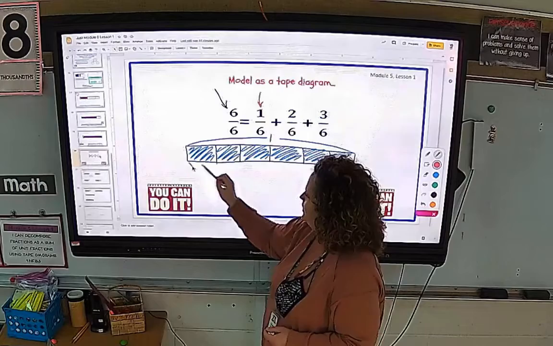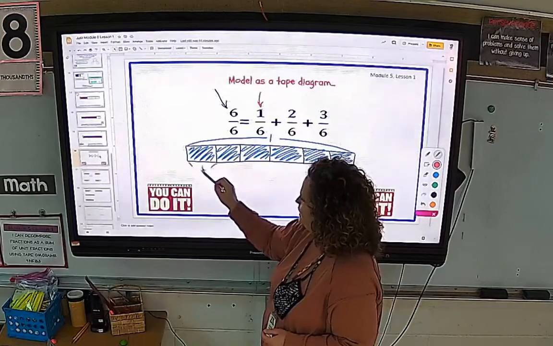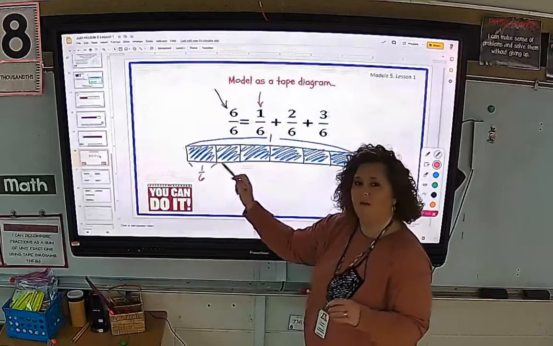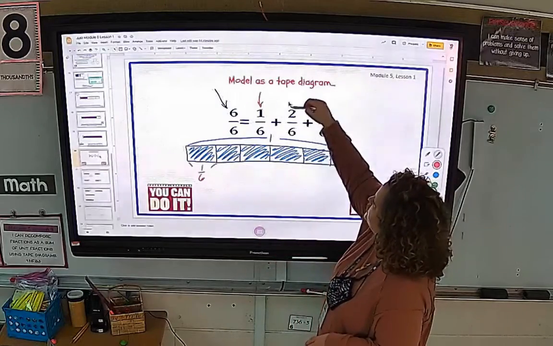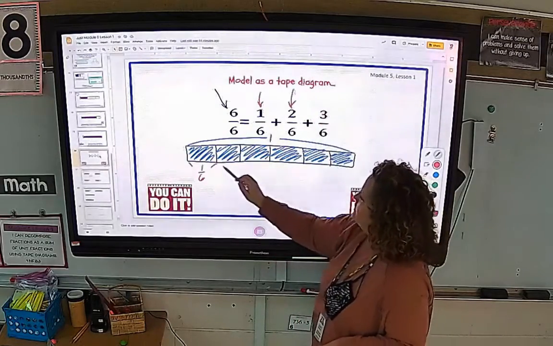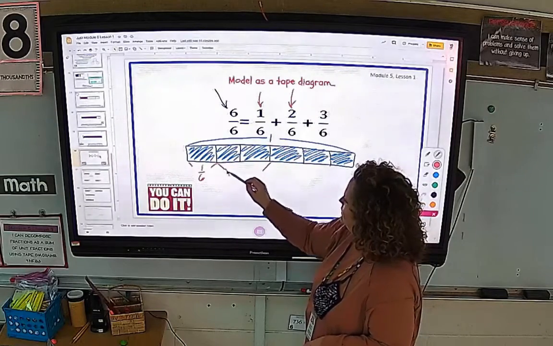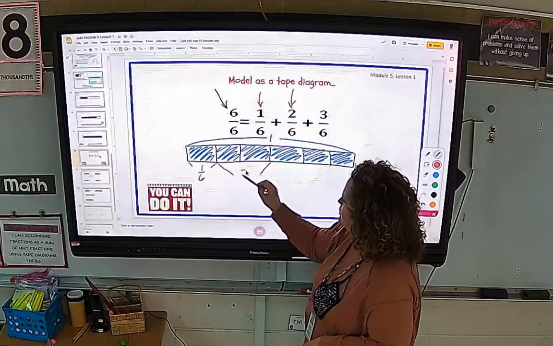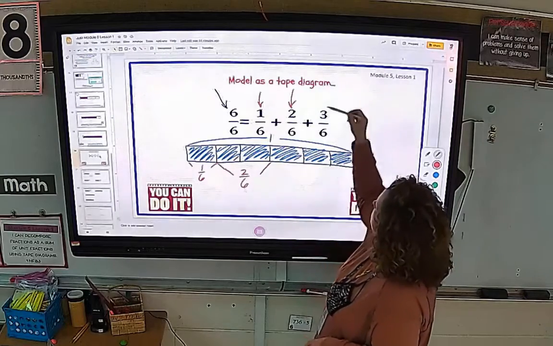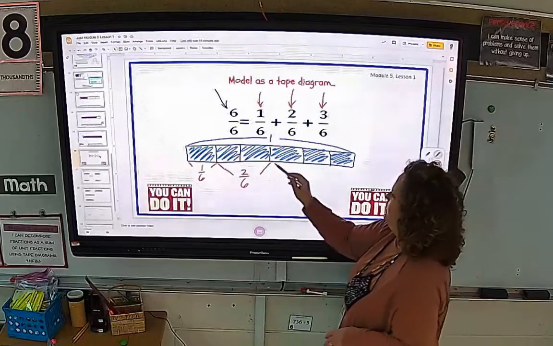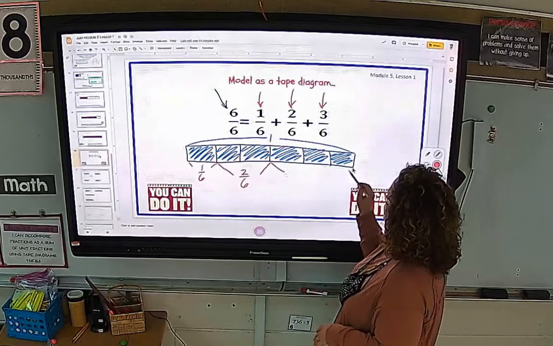I'm going to take one piece and just write 1/6. See, I'm labeling it so I know, but I'm also putting that bracket there. And then I'm going to show 2/6. So there's 1, 2. I can make those a little longer if I need to. 2/6. And then I'm going to show 3/6. 1, 2, 3.